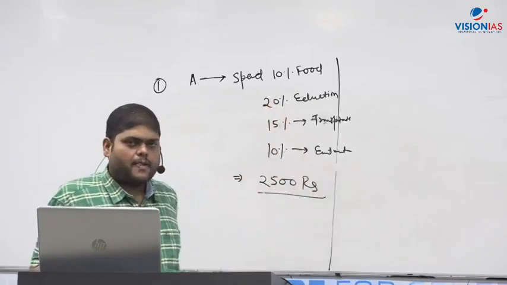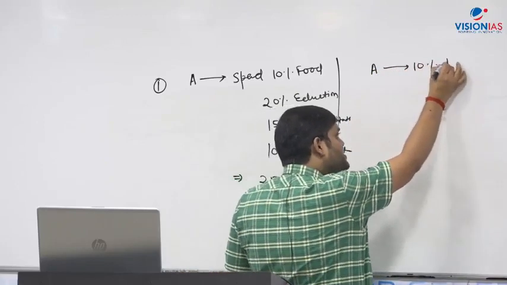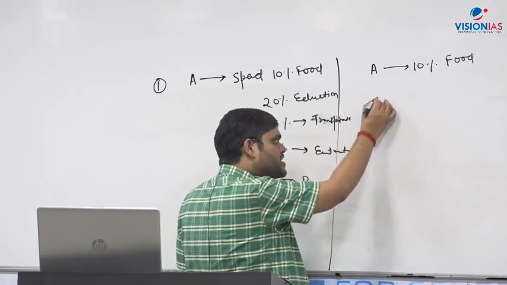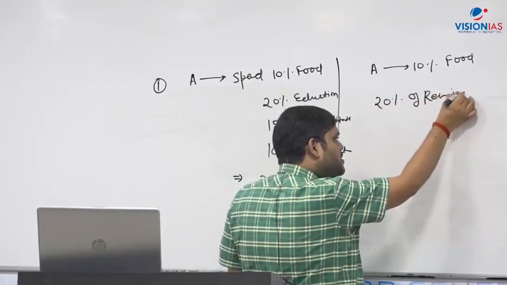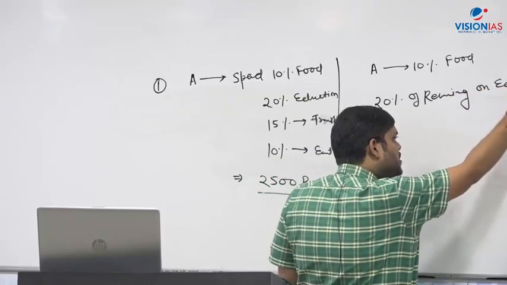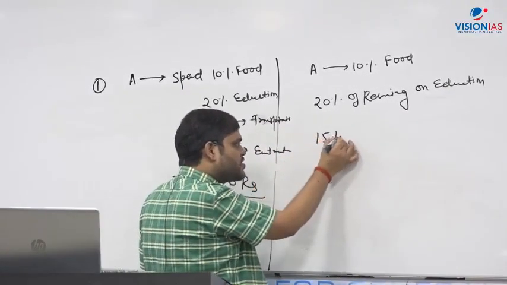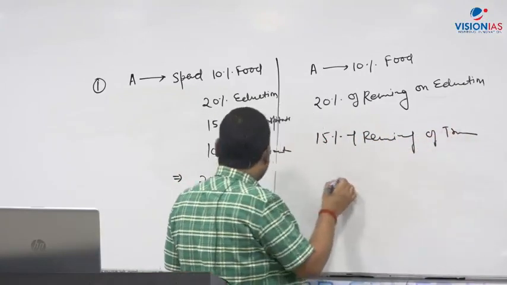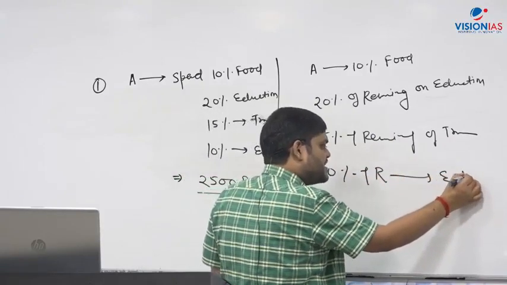This is one part. The second part is, Mr. A spent 10% on food, and the question, listen carefully, is 20% of remaining on education, 15% of remaining on transportation, and 10% of remaining on entertainment.